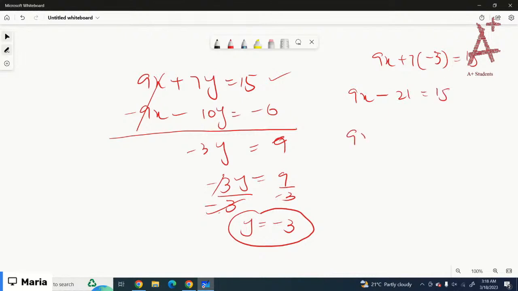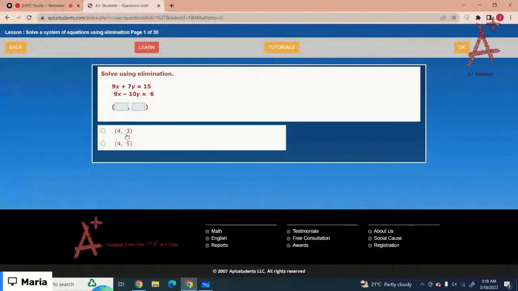Move 21 to the other side, it would be 15 plus 21. 9x equals 36. Divide both sides by 9, so it would be x equals 4. Got it? So the correct option is x equals 4 and y equals negative 3. So 4 and negative 3 is the correct option. Got it?